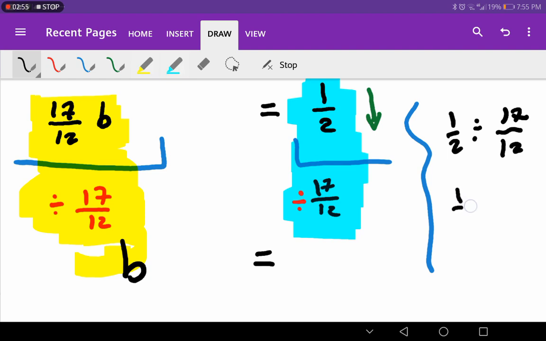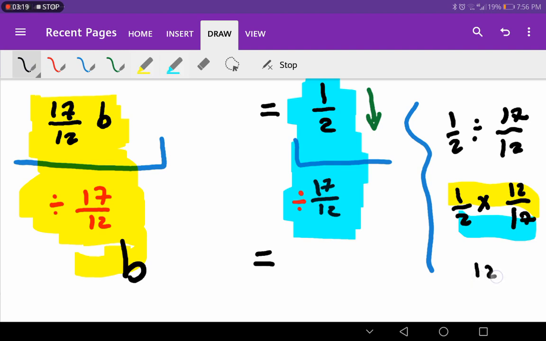So 1 over 2 multiplied by 12 over 17. You see, I changed the division to multiplication and I flipped 17 over 12. It will be 12 over 17, and then we are done. Up with up and down with down.